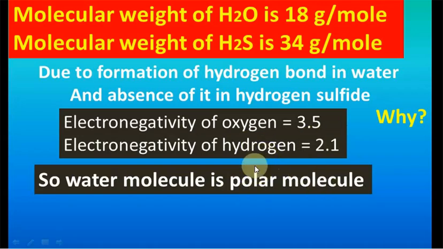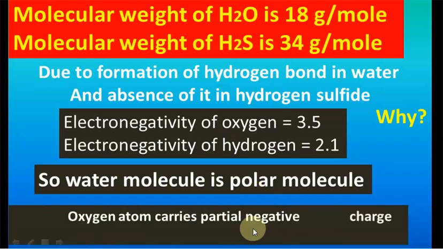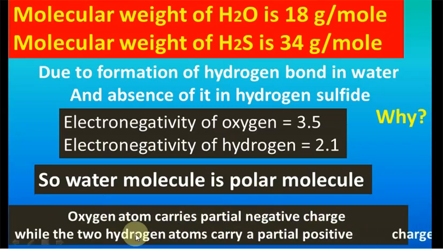This polarity makes bonds which are called hydrogen bonds. The oxygen atom carries a partial negative charge while the two hydrogen atoms carry a partial positive charge, not a complete charge like in ions, like in ionic bonds, but part of a charge. This polarity makes the molecules attracted to each other like two magnets.